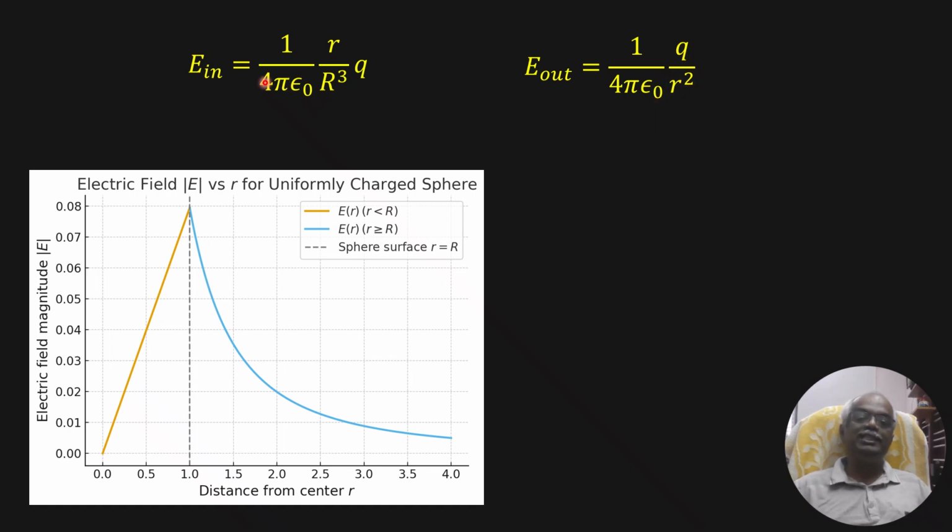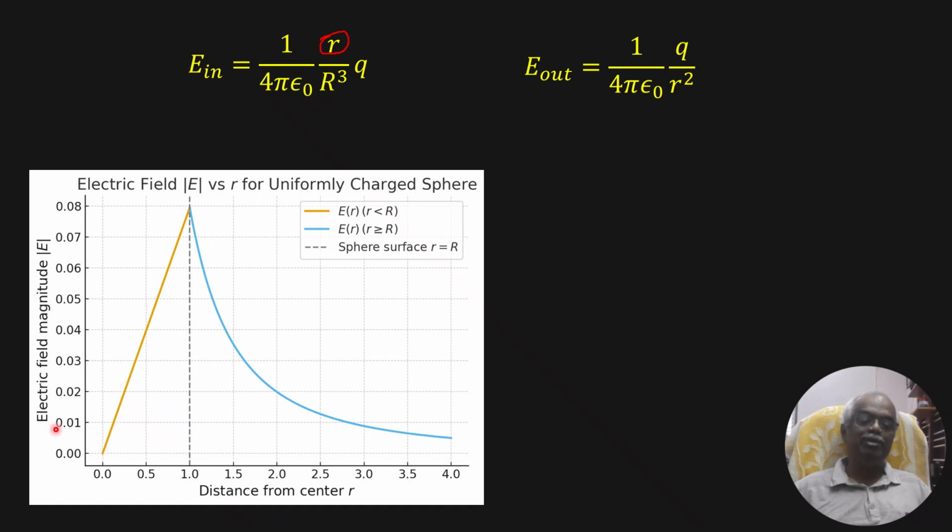Inside the sphere everything is constant except r, so the electric field is proportional to r. That means it will form a straight line.